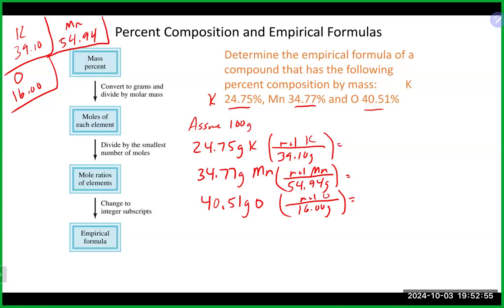And we'll get our moles of each of our elements, which is what we need to continue on here. 0.63299 moles of potassium. Again, I'm not going to round too strictly here, and take it to a few extra digits. It never really hurts too much to do that. 0.63287 moles of Mn.